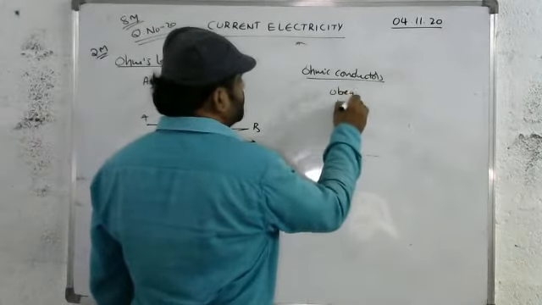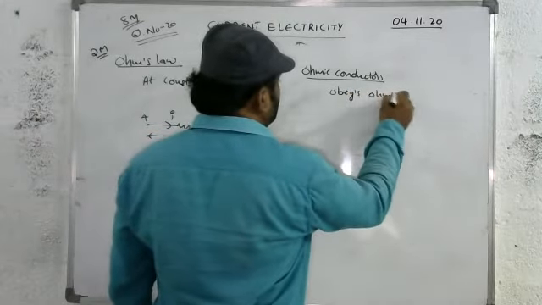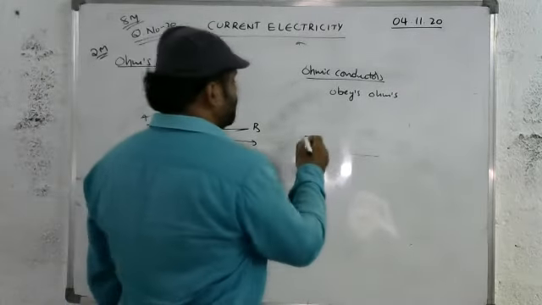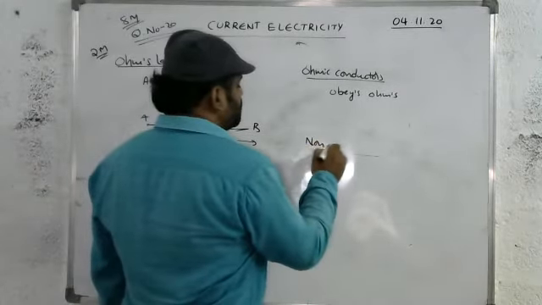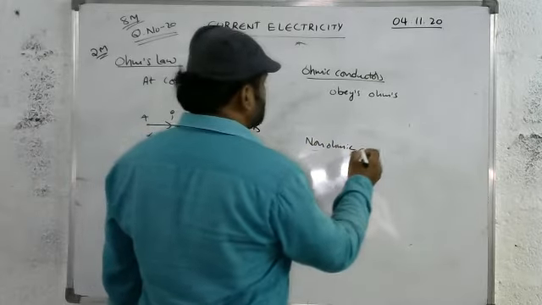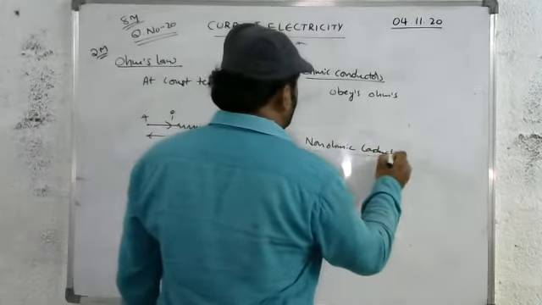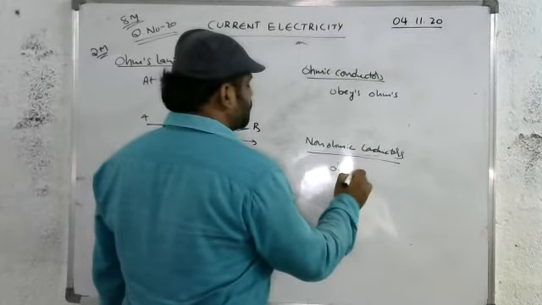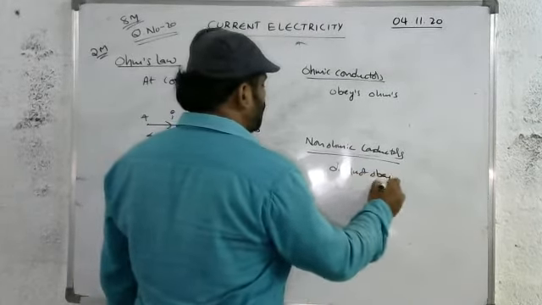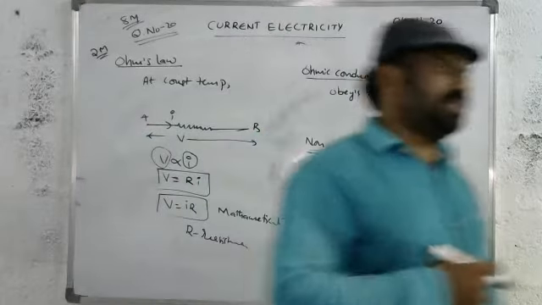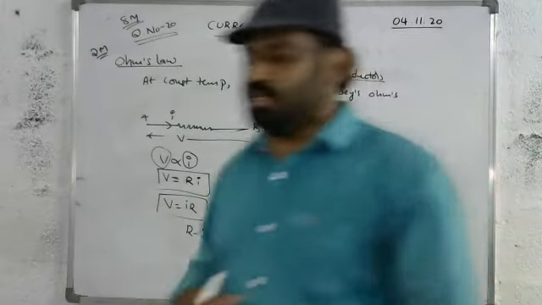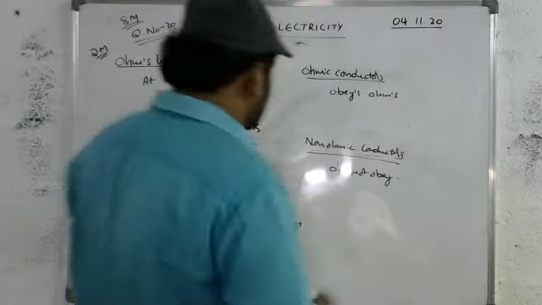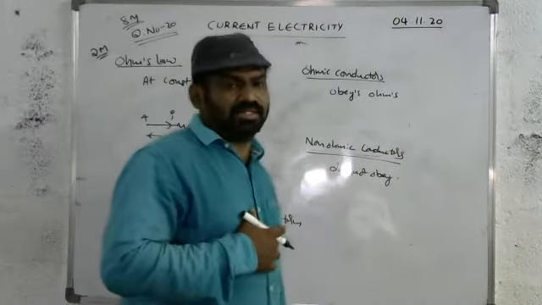Non-ohmic conductors are the conductors that do not obey Ohm's law. The conductors that obey Ohm's law are called ohmic conductors. The conductors that do not obey Ohm's law are called non-ohmic conductors.